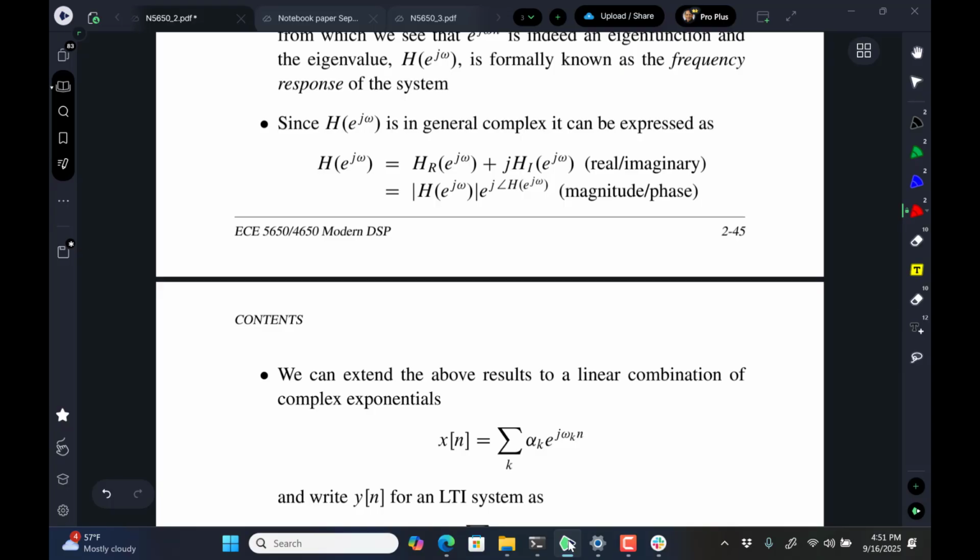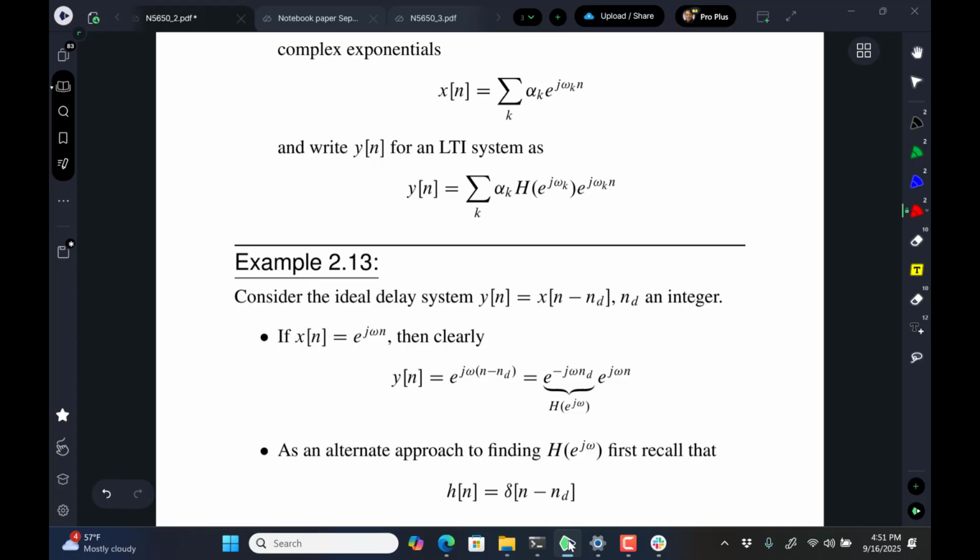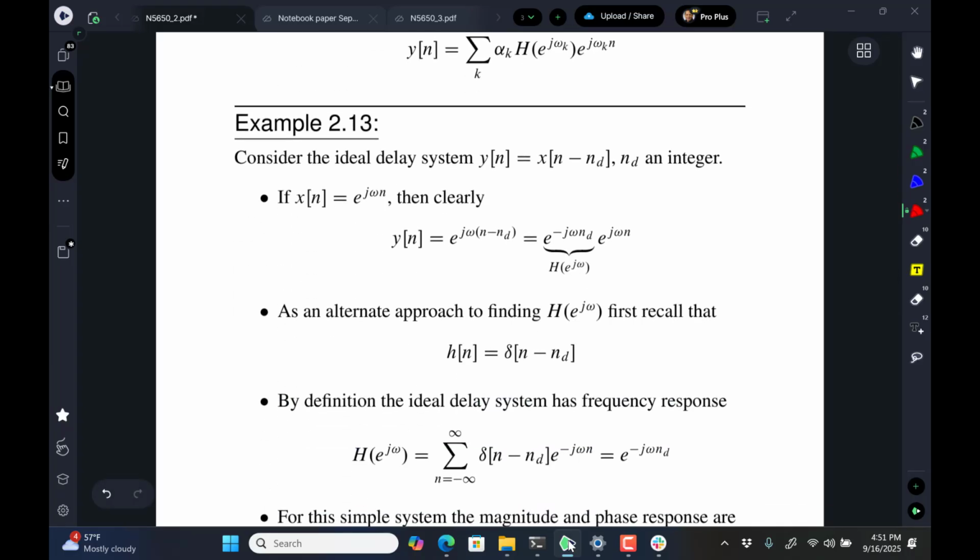It's complex, so it has real and imaginary parts. It has magnitude and phase. We can use superposition because we have linear time invariance working for us. And as I pointed out, I think last week, a simple time delay system, an nd sample delay, becomes in the frequency domain this phase shift factor.